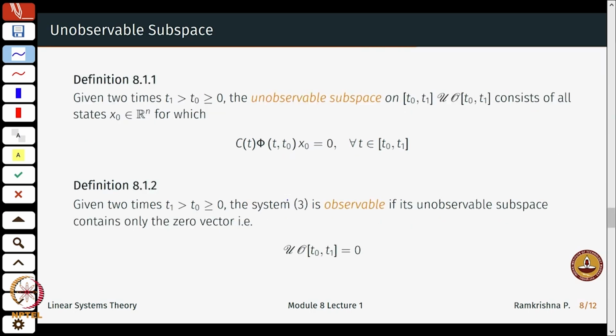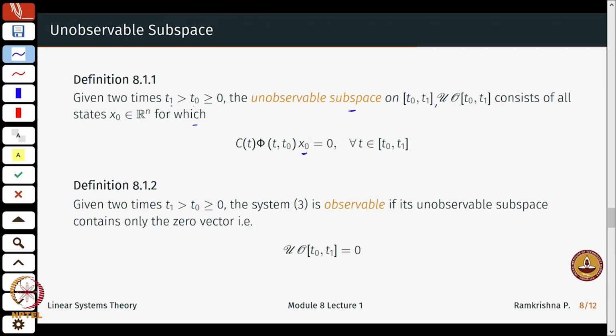So what is the definition? Given two times t1 and t0, the unobservable subspace, which I denote by U_O of t0, t1, consists of all the states x naught in R^n for which C phi x naught equals 0.